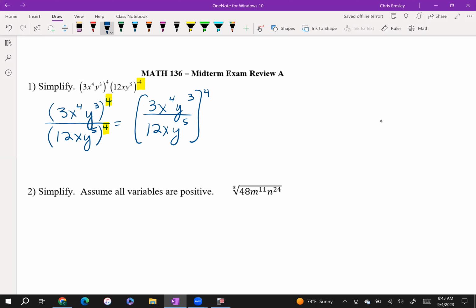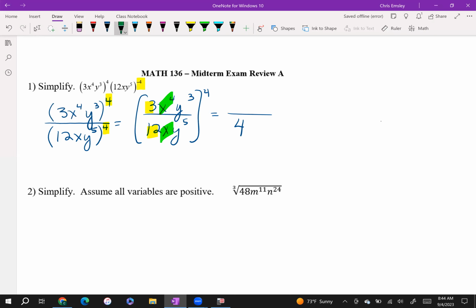The reason I'd like to do that is because now I can simplify what's inside those brackets before I go in and apply that exponent. So notice here we have a 3/12, so we can reduce that right down to a 4. We have on the top x to the 4th, on the bottom x. If we are dividing those common bases, we subtract those exponents.